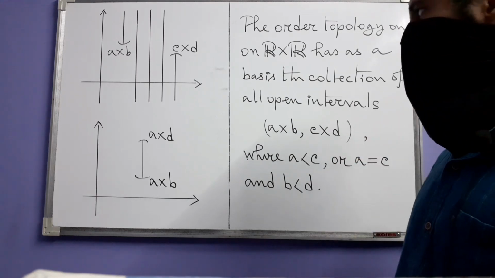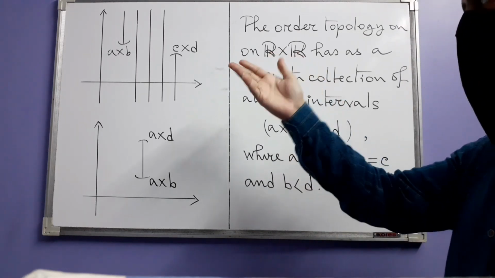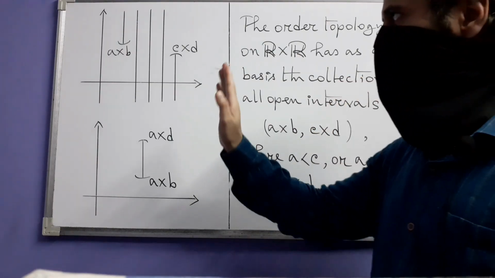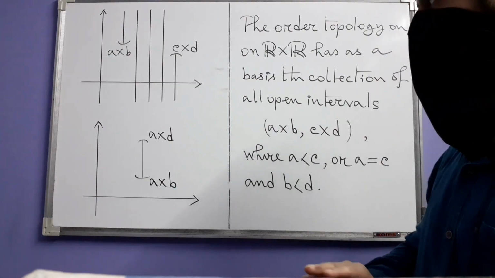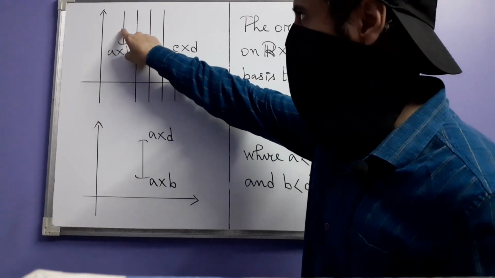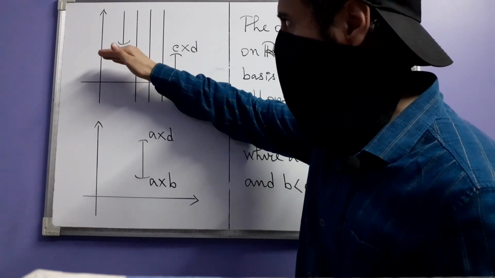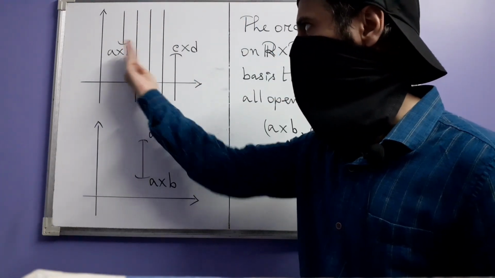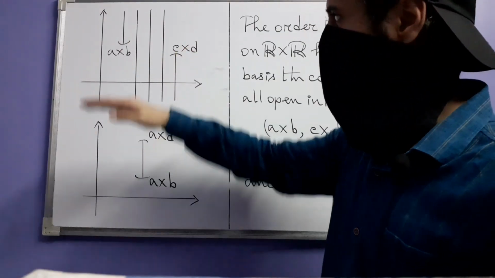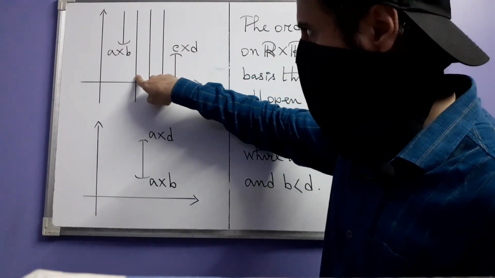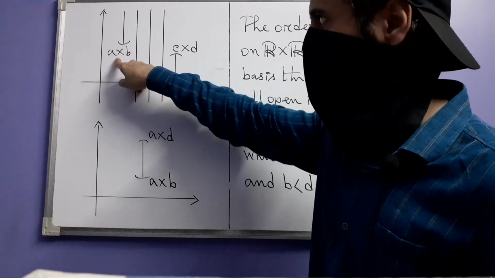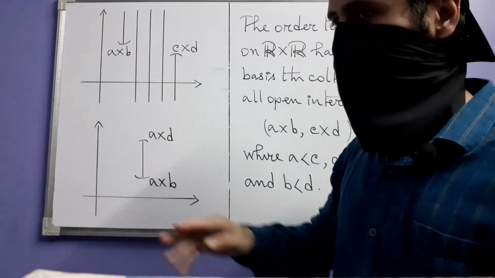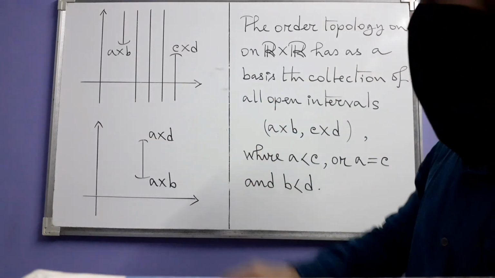And by the definition of dictionary order, geometrically, where will the points lie? Those points which are inside this interval should be greater than A times B. So all the points that lie on this ray exactly above this point, all the points which lie to the right of this point, those points, for example, some point here will also be greater than this point simply because it lies to its right. The fact that it lies below it has nothing to do with the order.